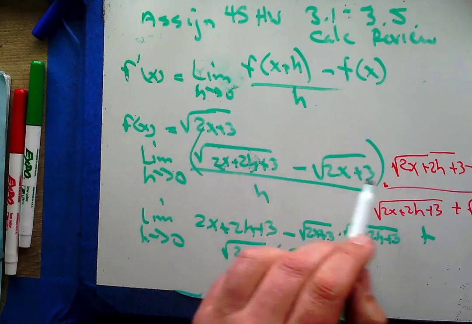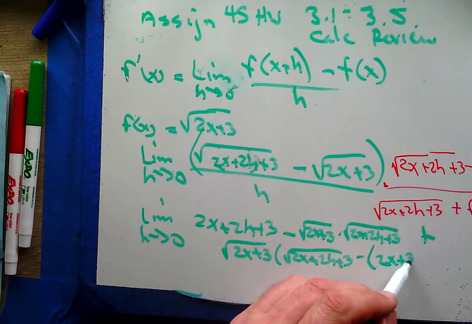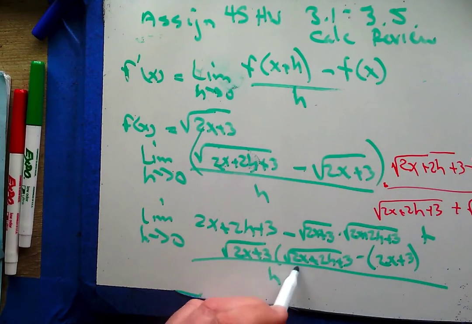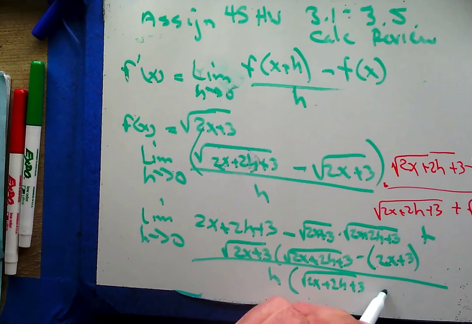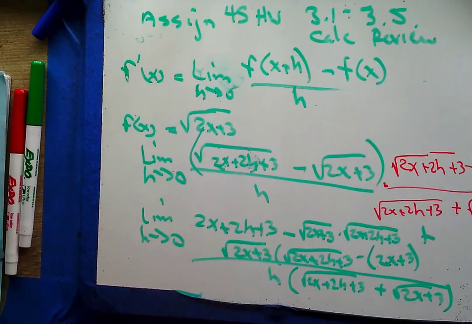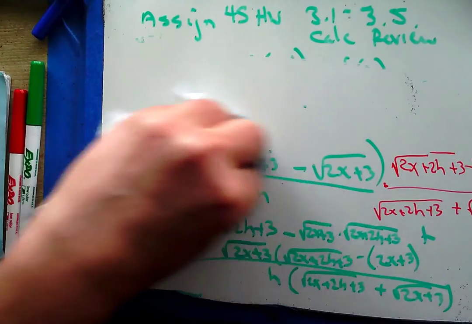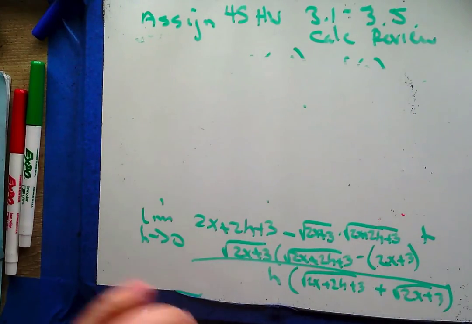And then we have this one times this one with a minus in front, so we've got minus 2x plus 3, all over h times square root 2x plus 2h plus 3 plus square root 2x plus 3. Oh my God. Well, I better tidy this up, huh? Okay, so let's get rid of those and commence tidying.